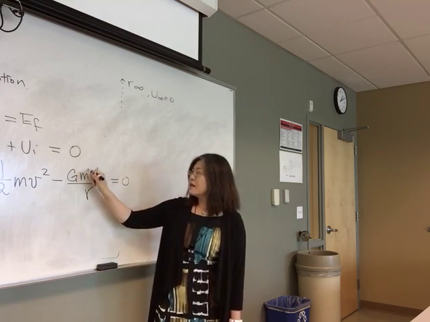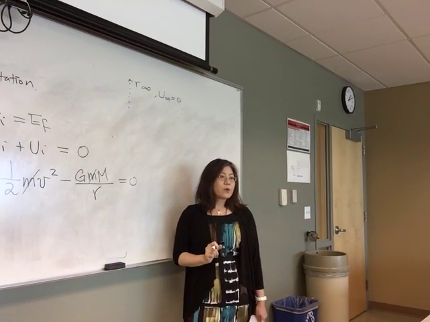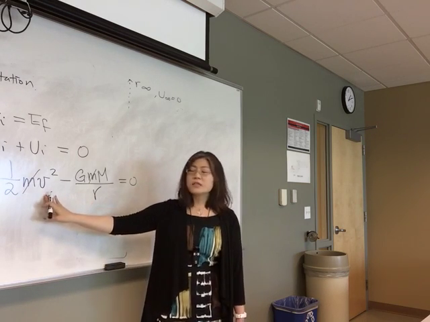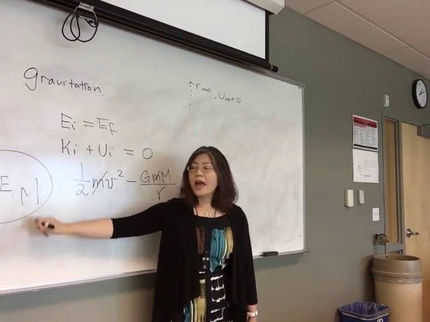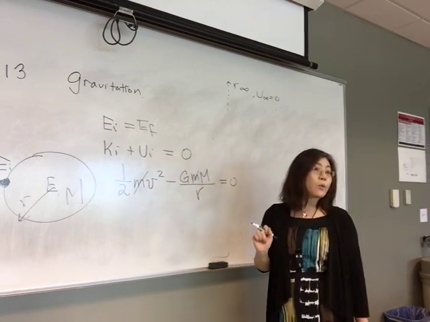So you can see that, in an ideal case, the mass of the object really doesn't matter. What determines the velocity is the mass of this big object and the size of this big object that you're trying to get away from.